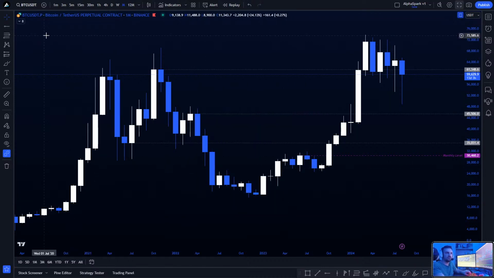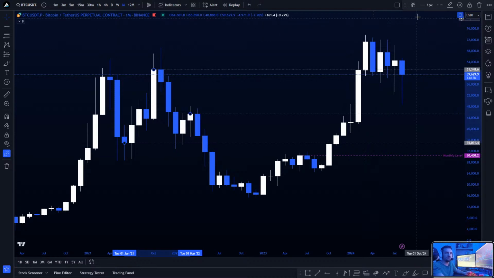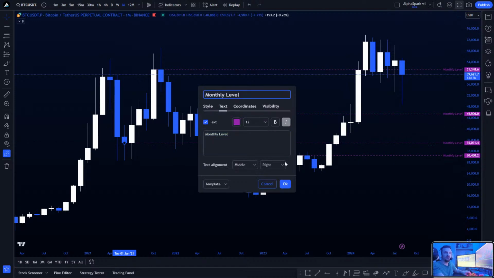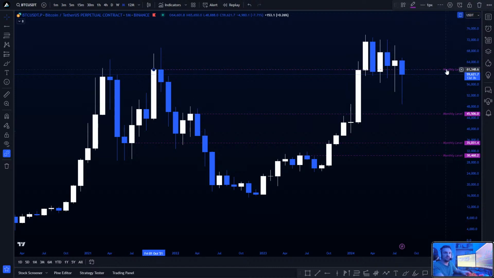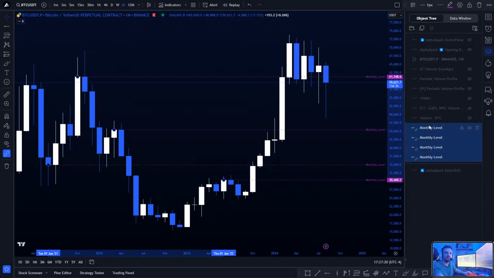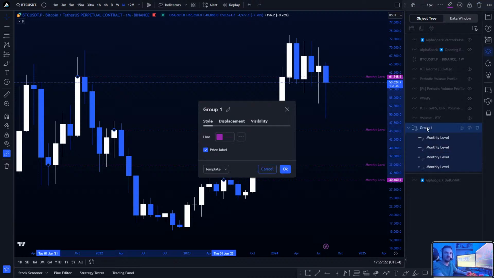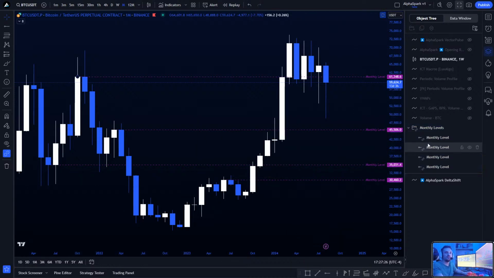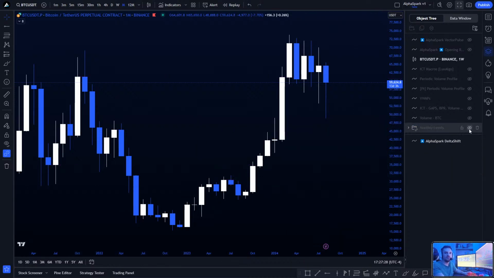So now I'm gonna select all of these, come up here, monthly level, and I copy it. The only thing I'm gonna do is change the actual object name, because now I can put these guys in a folder, and that's it. So these are our main monthly levels for now.